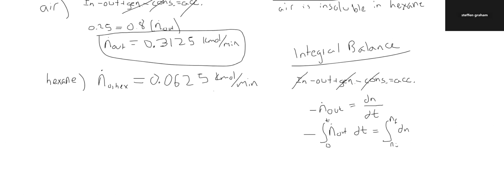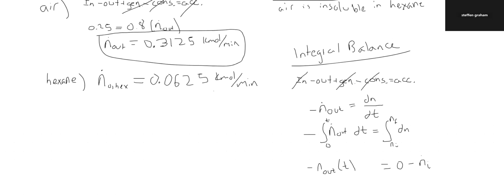And then if you solve this, you're going to get n_out times t. And then here you'd have your n final, which we can take as 0 because we're just trying to figure out how much time it takes to remove 50 meters cubed, minus n_i.